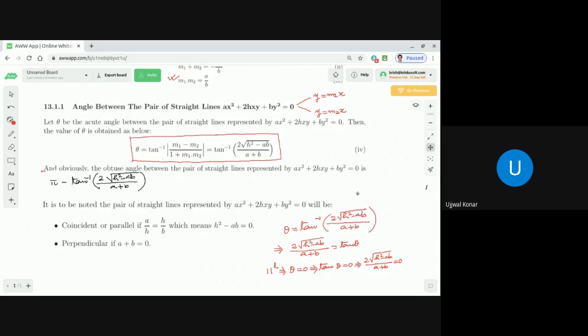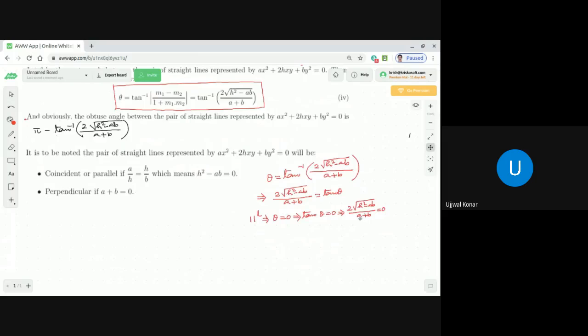And that eventually says that h square minus ab is equal to 0. And that is what has been mentioned here, that h square minus ab equal to 0 signifies that the pair of straight lines represented by the homogeneous equation of second degree in x and y, that is ax square plus 2hxy plus by square equal to 0, are parallel.